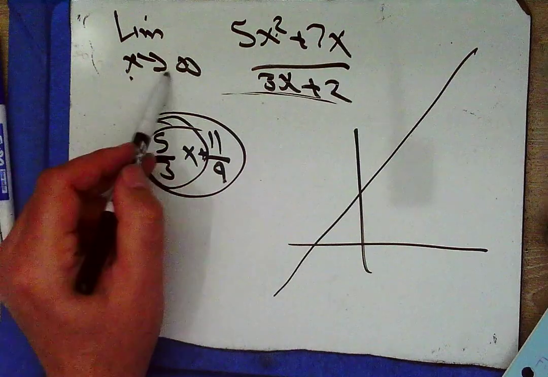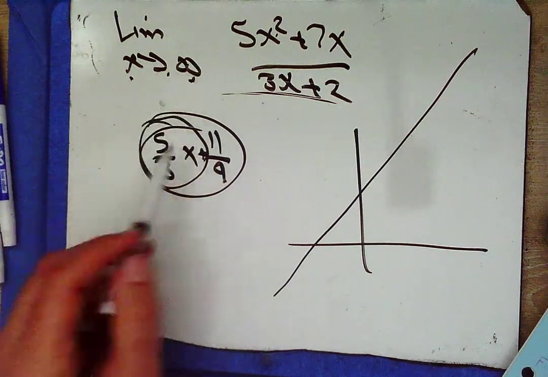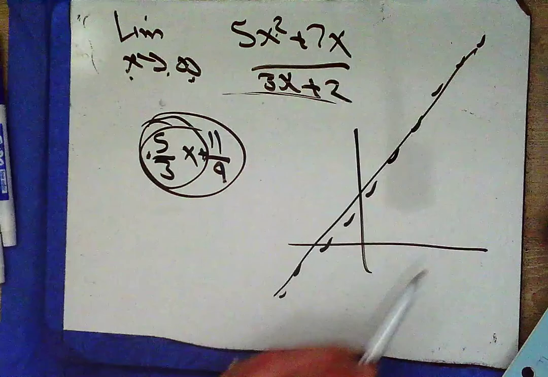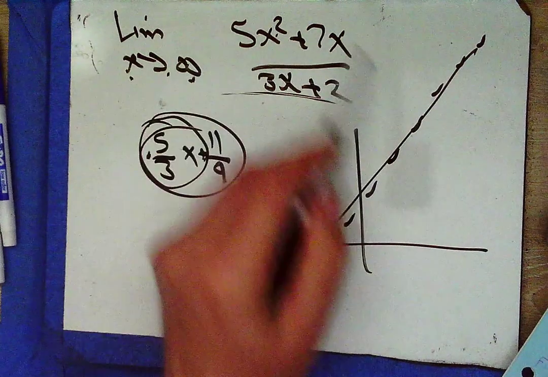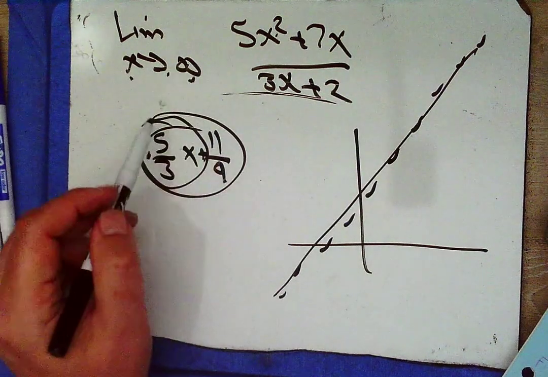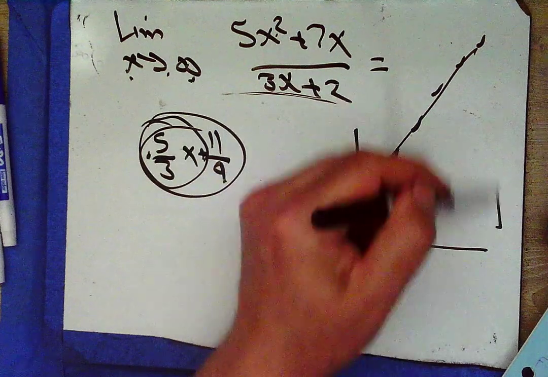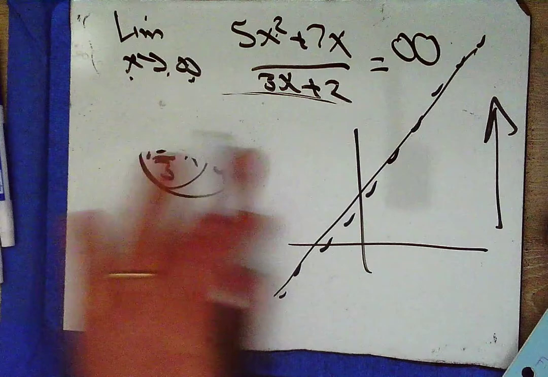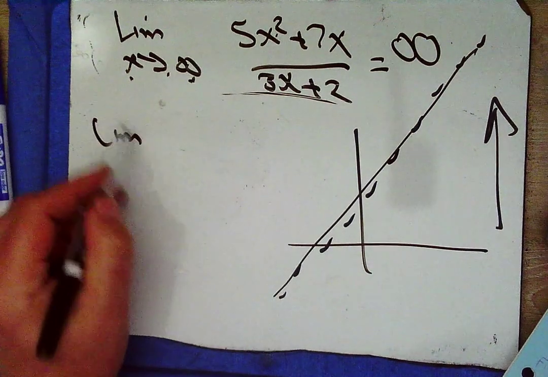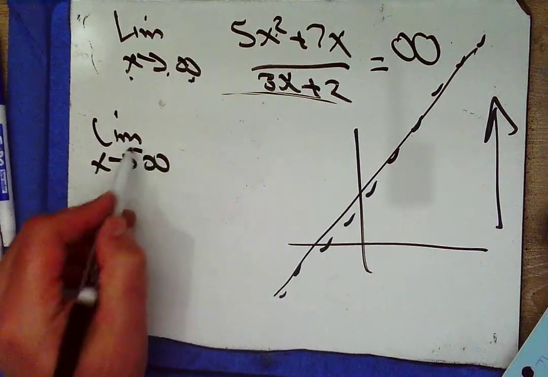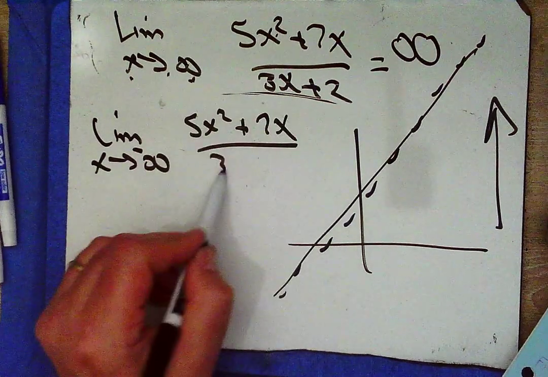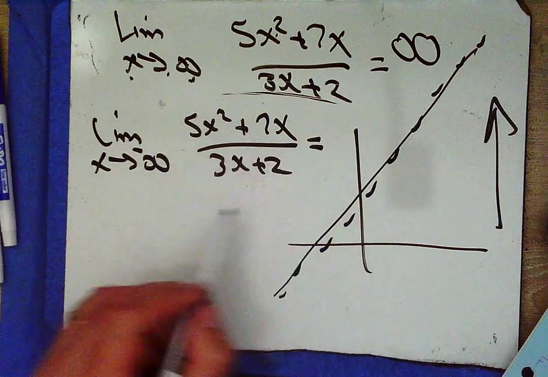So the limit as x heads to infinity follows this slant asymptote. This function, as x heads to infinity, is headed where? Well, it's headed up. It's headed towards infinity. Whereas if I had the limit as x approaches negative infinity for 5x squared plus 7x over 3x plus 2, where's that headed?